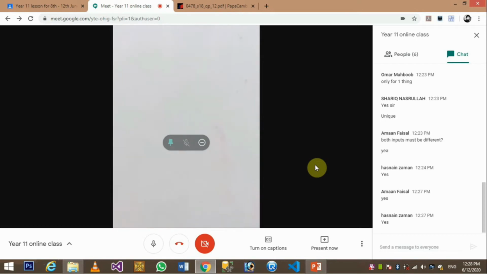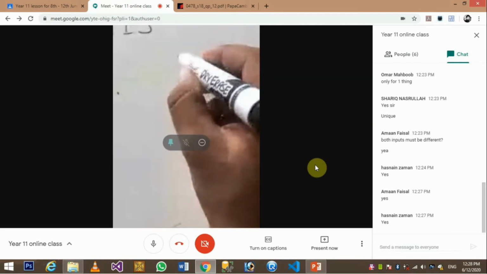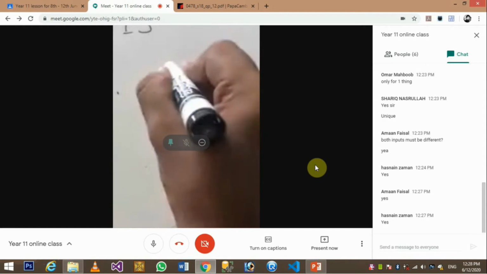So now, I can have any question in the exam, like some logic circuits are given like this. I have this one.